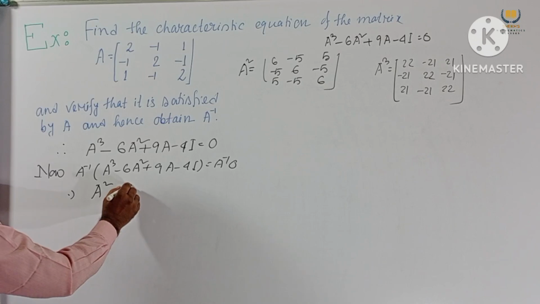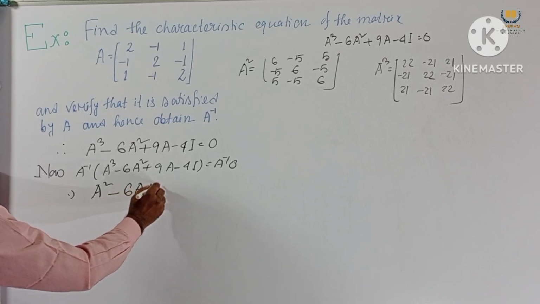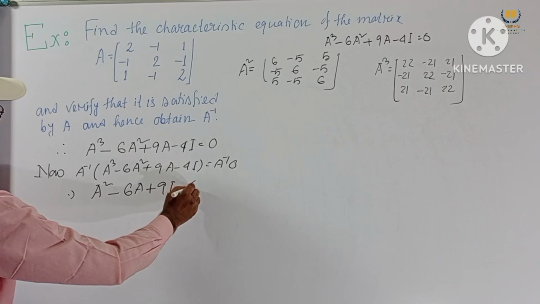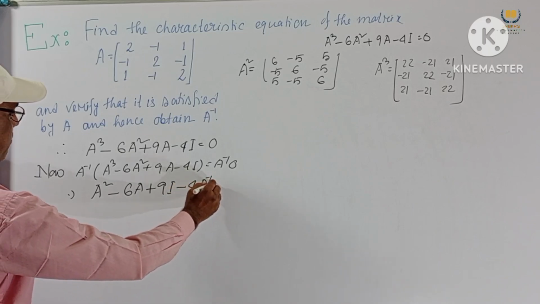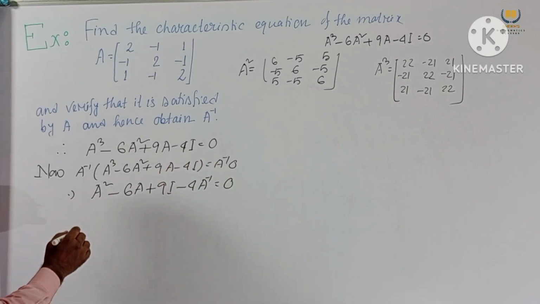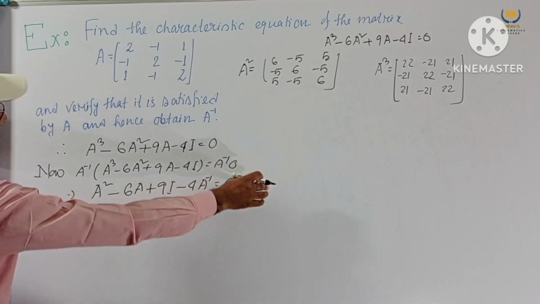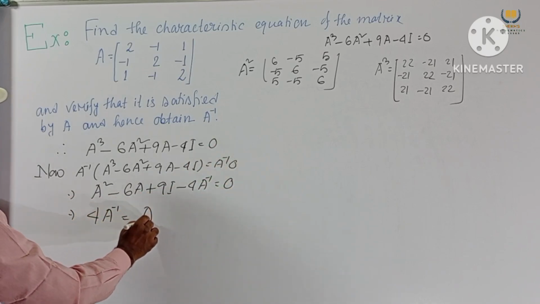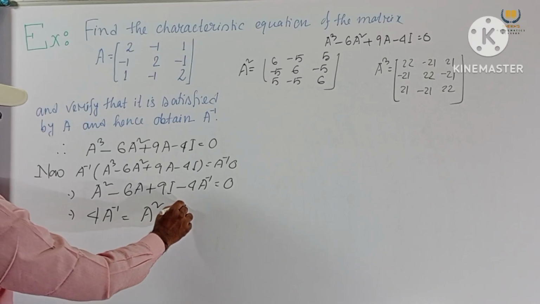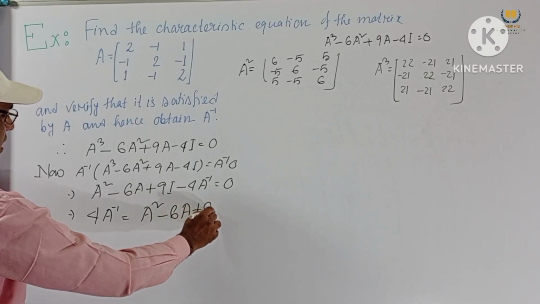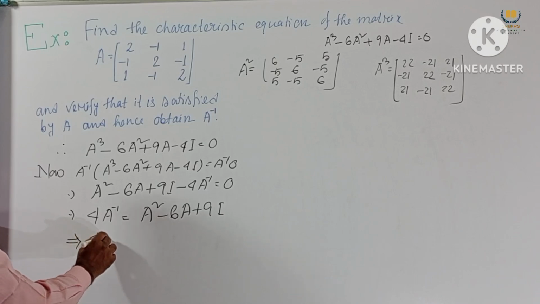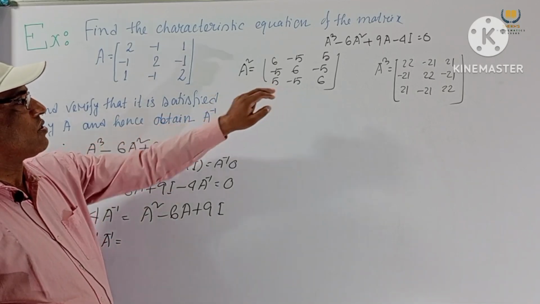This and this we get A, and this and this we get 9I, and this we get 4 A inverse equal to 0. So taking 4 A inverse on the right hand side, 4 A inverse equal to A square minus 6A plus 9I. This implies 4A inverse equal to A square. A square, you know this value.